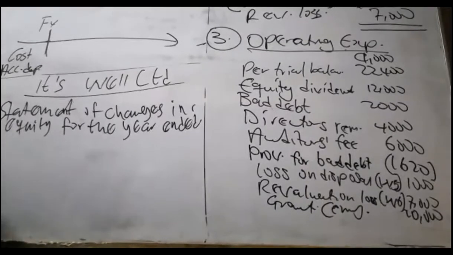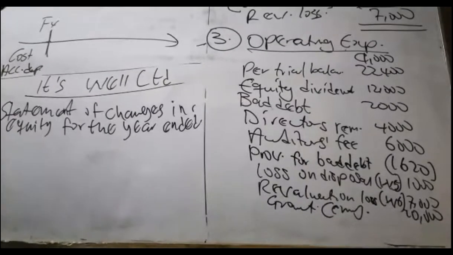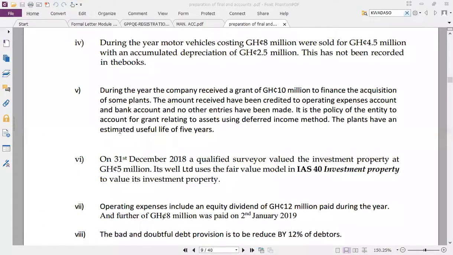Let's continue scanning through, if there's any item that we have to. So that's how you're supposed to do the exam. Other than that, you may omit some of the items. And then note 6. Note 6 also affects the operating expenses. I like this question. The operating expenses was intentionally loaded.